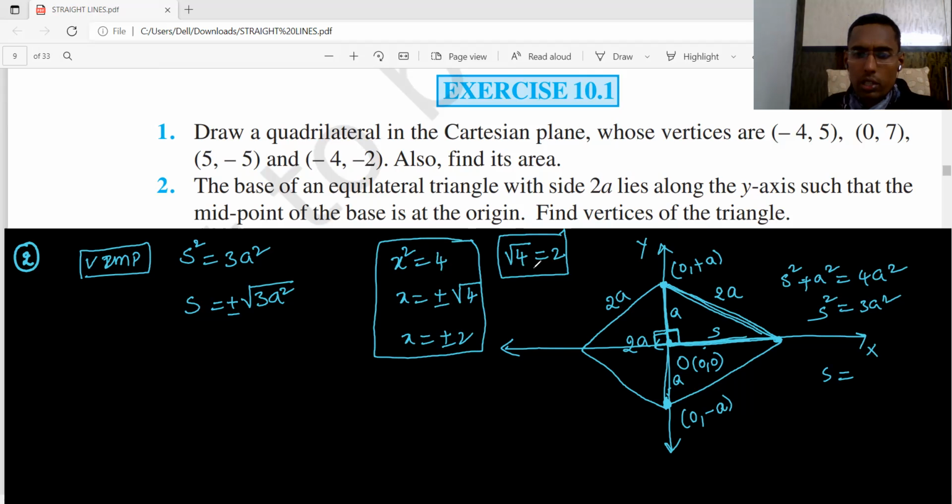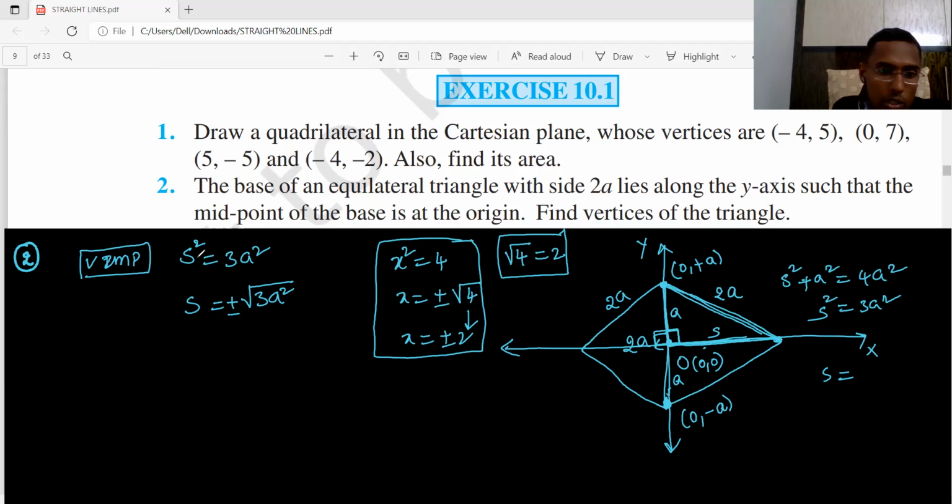Positive square root only you should take. That's a rule. Square root of 4, you should always take 2. You should not ask why. So x square equals 4 means x equals plus or minus root 4, and then root 4 is 2.